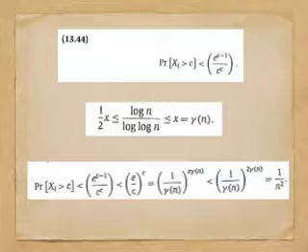13.45. With probability at least 1 minus n to the minus 1, no processor receives more than e times gamma of n, which is equal to theta of log n divided by log log n drops. With a more involved analysis, one can also show that this bound is asymptotically tight.